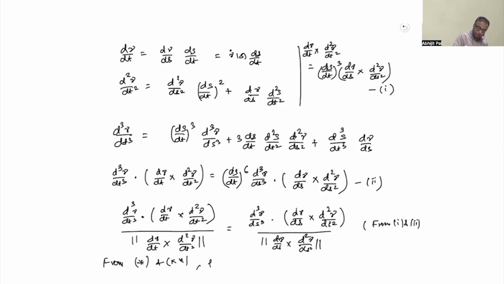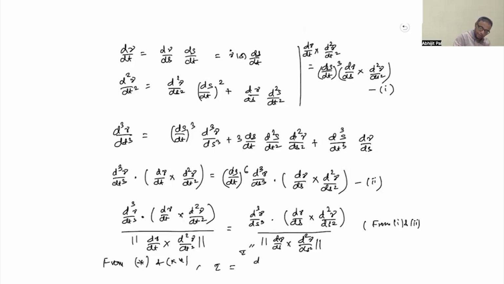We know that this torsion is equal to this thing, so this torsion is the desired result.